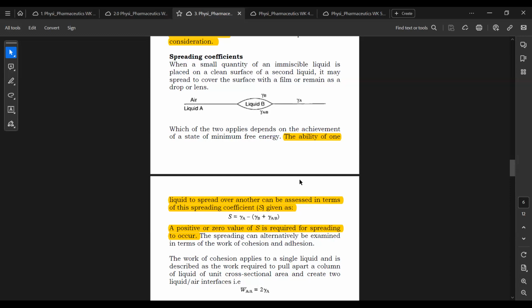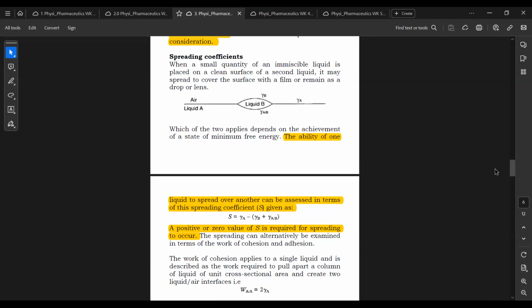This is because the force of adhesion, which is the force between oleic acid and the water molecules, is higher than the cohesive forces within oleic acid molecules. So it will definitely spread.